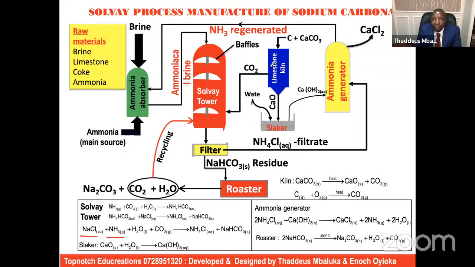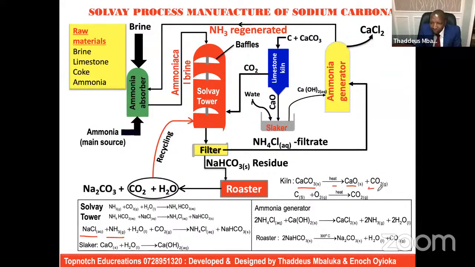In the limestone kiln, we have coke and calcium carbonate. These two are used to generate carbon dioxide. In the kiln, we have calcium carbonate decomposing to form calcium oxide and carbon dioxide.